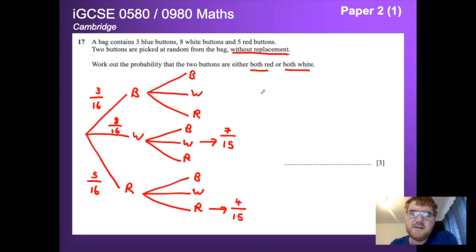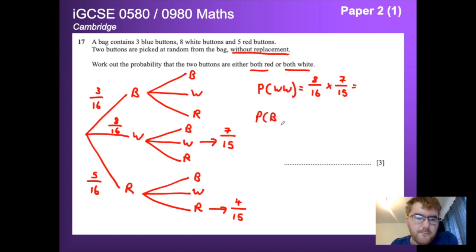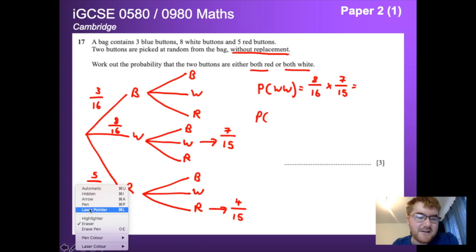So we need to work out these probabilities. We work out the probability of white, white. Remember, we multiply along the branches, so we do 8 out of 16 times 7 out of 15, which I'm going to leave for the moment. We do the probability of, not blue, I really want to find out blue. It's probably because it's at the top. It's interesting psychologically, yeah?